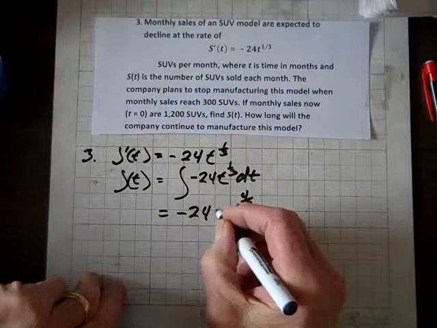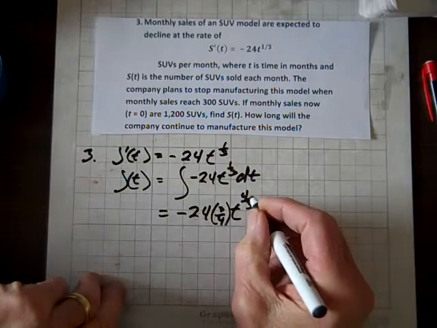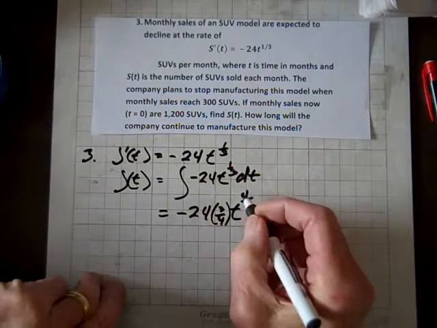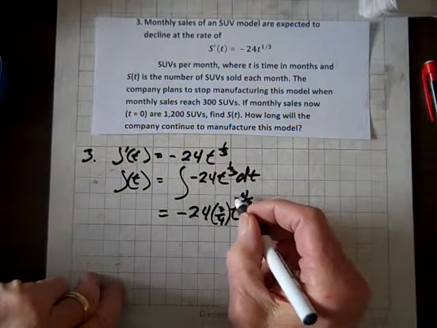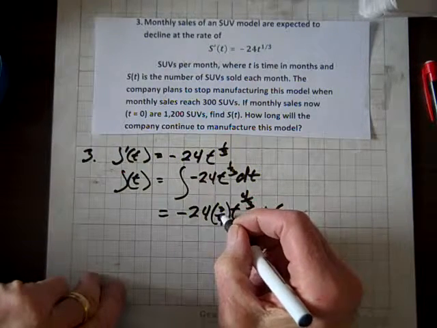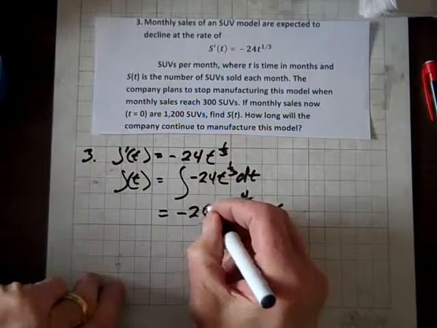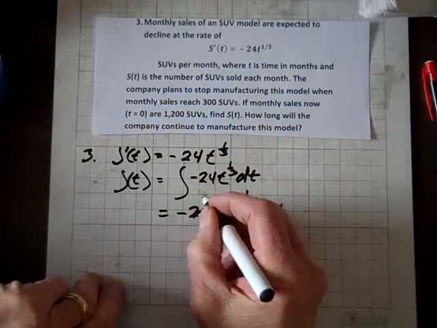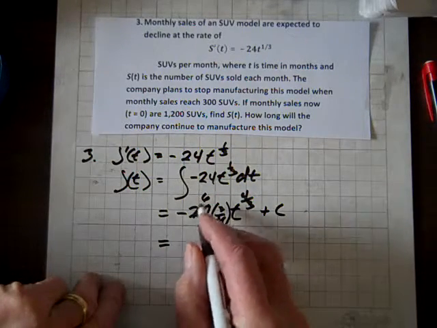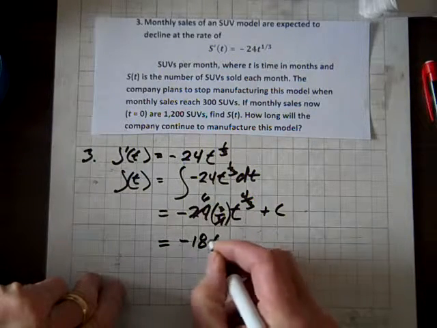And we need a coefficient here of 3/4, plus c, because when we take the derivative of that, the 4/3 has to divide out, so the coefficient must have been 3/4, and 4 goes into 24 6 times, so this equals 3 times 6 is 18, minus 18 t to the 4/3 plus c.